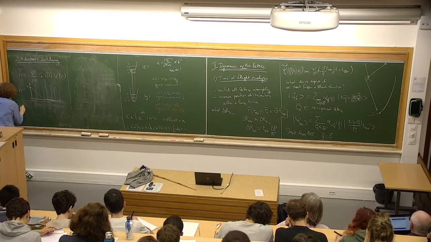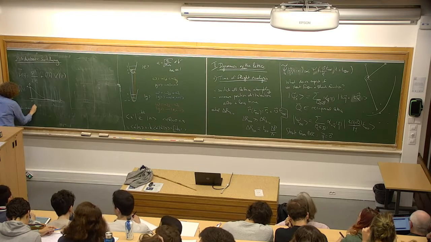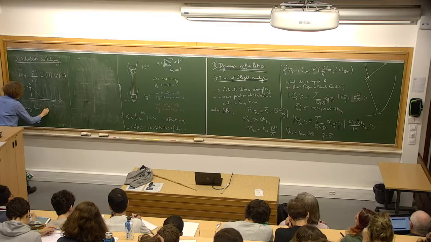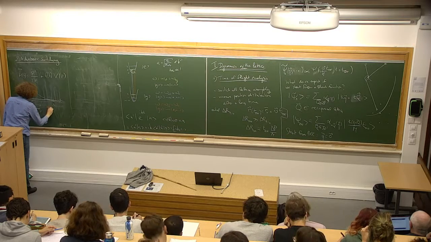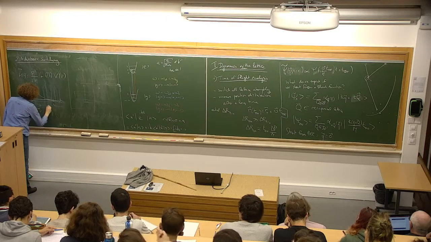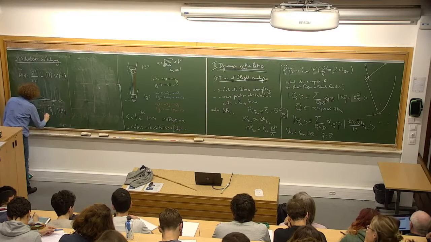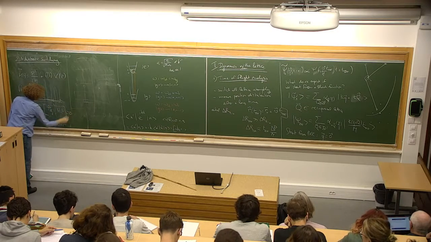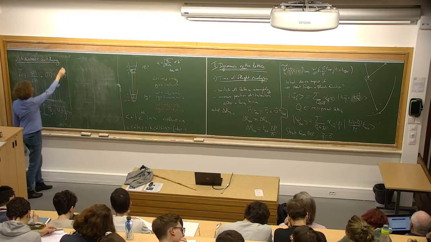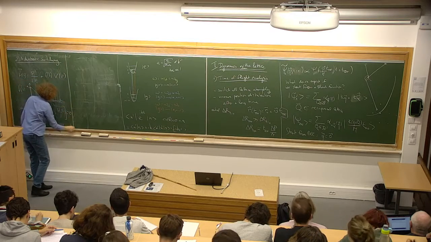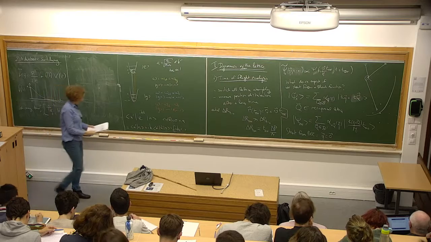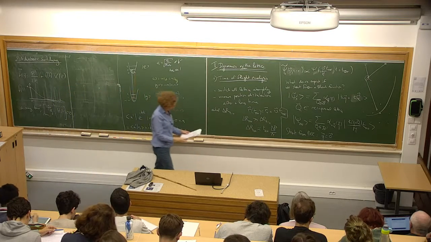So at any time, H of T commutes with the translations of a vector belonging to the Bravais lattice.